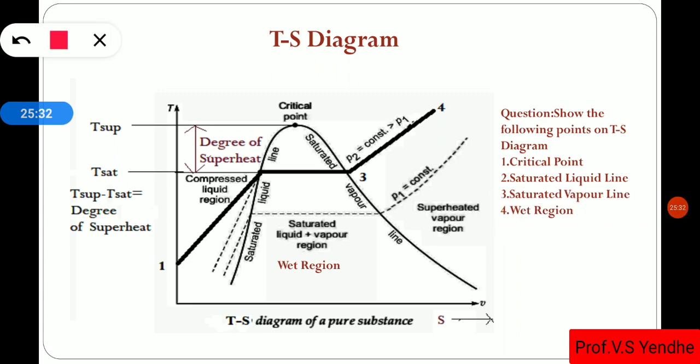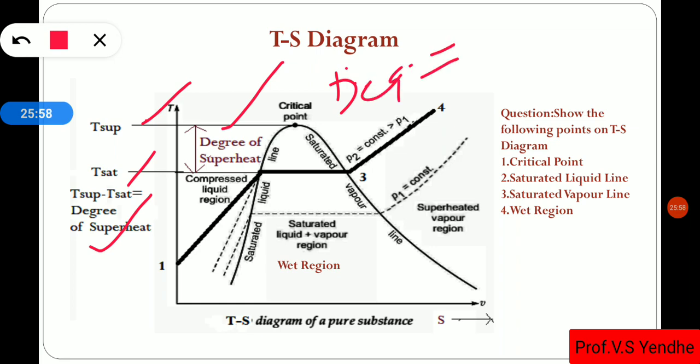Now let us again see the degree of superheat. Degree of superheat is the difference between the superheated temperature of the steam and the saturation temperature of the steam. That means degree of superheat is equal to T sup minus T sat.